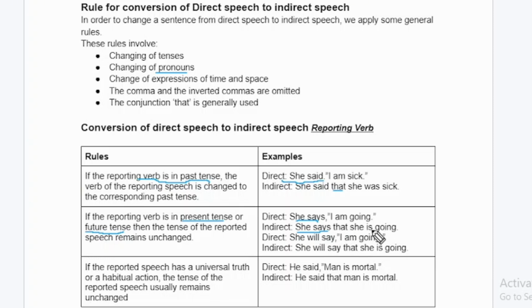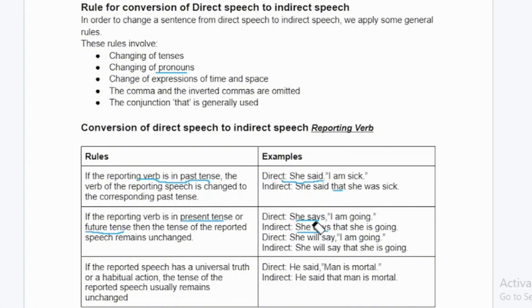So there is no change in the present tense, but the change has occurred in the pronoun: just "I" is converted into "she," and "that" is added in this sentence.